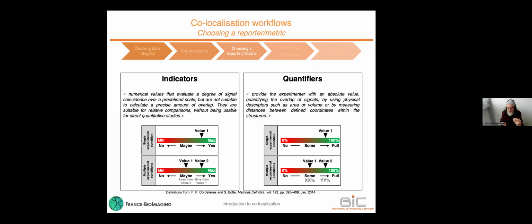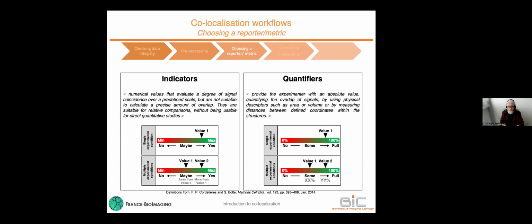Therefore, if this is an indicator relative to a range, you can draw pure conclusions from the extreme values. It's easy. If I've got the maximum value, well, I've got the maximum of colocalization. If I've got the minimum value, there is less chance to have colocalization, or maybe I've got exclusion and so on. But what about the values in between?